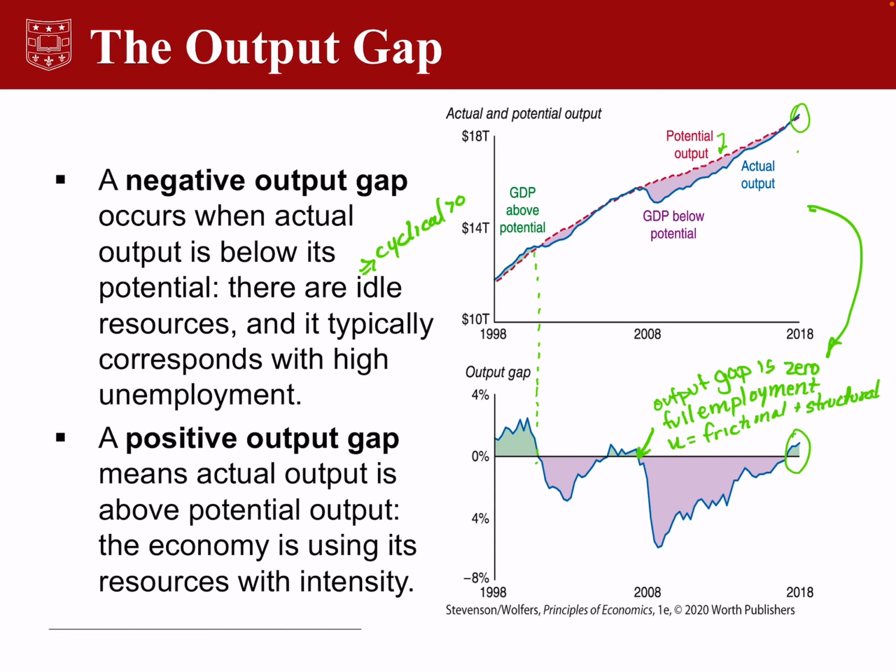Full employment would be the same thing as saying cyclical unemployment is 0.